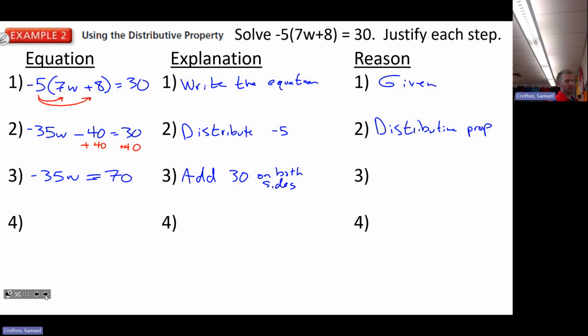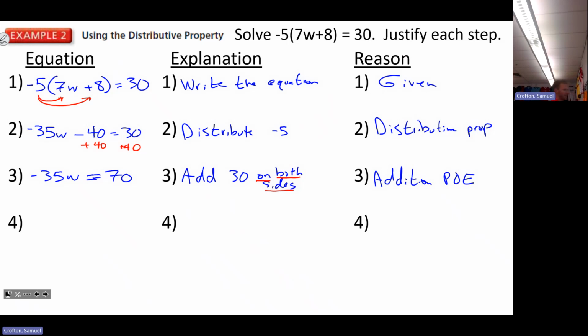Now, I want to note, I wrote here on both sides. Notice I did not write that in number 2. I didn't distribute it on both sides. I just did it on the third step, I did it on both sides. That's why this is the addition property of equality, whereas the second one is not a property of equality.